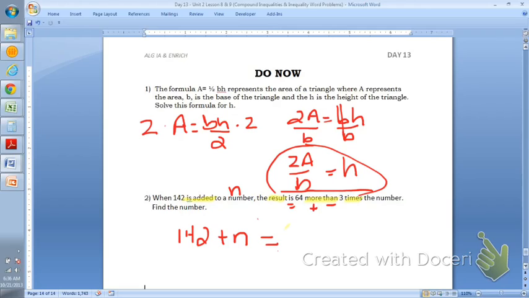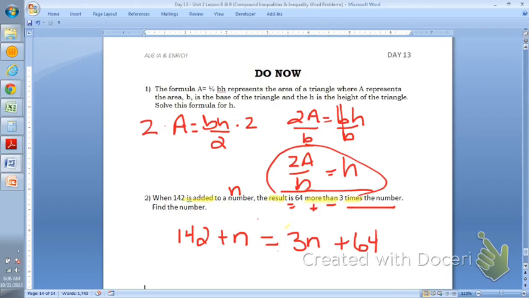It means take that thought and throw it to the end. So we have the plus 64 on the end. The end of what? We'll continue reading. 3 times the number. So there's our equation. 142 plus n is equal to 3n plus 64.